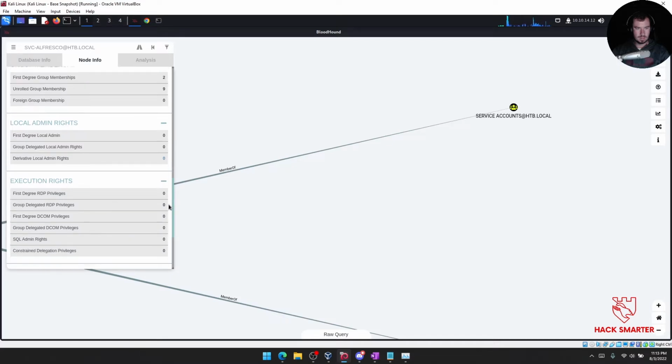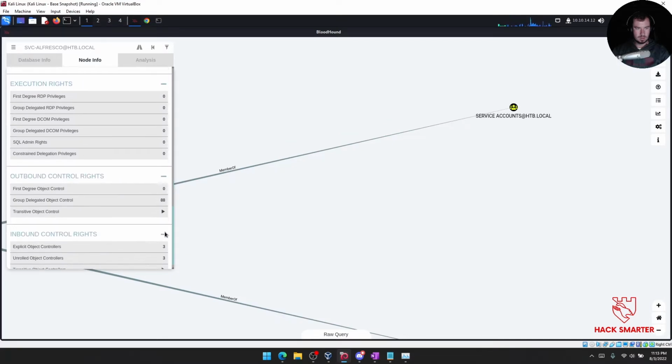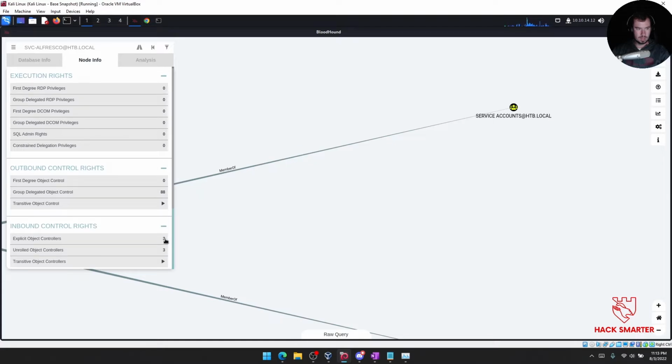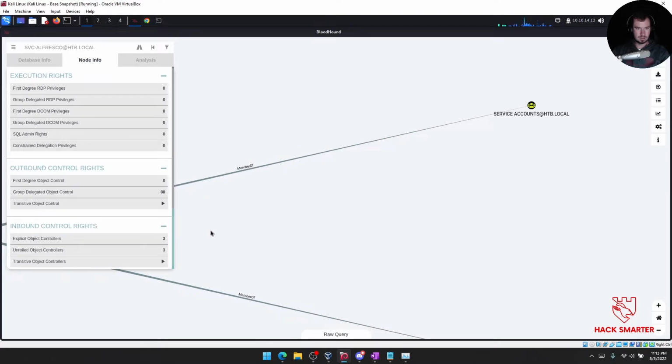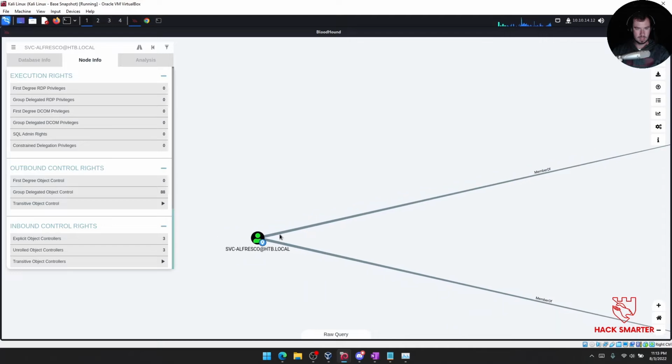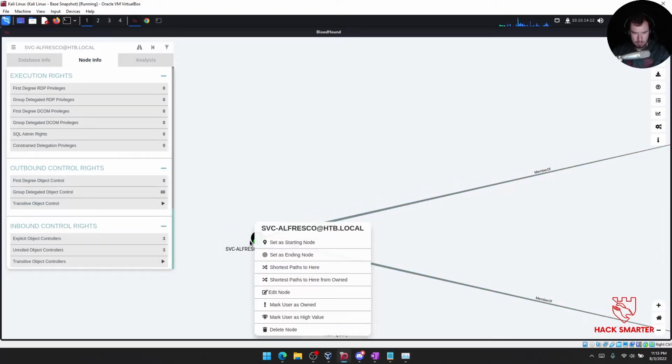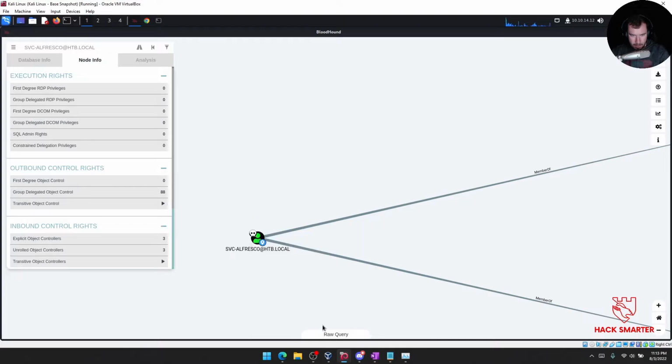Group membership, group delegated. Right click on the node and set compromise to true. It puts a skull on it.